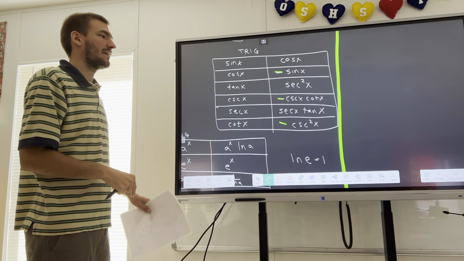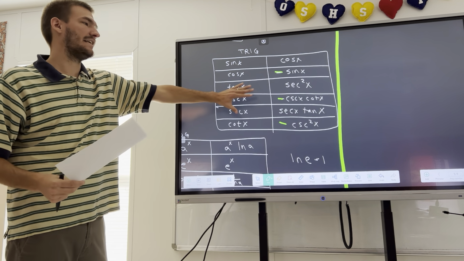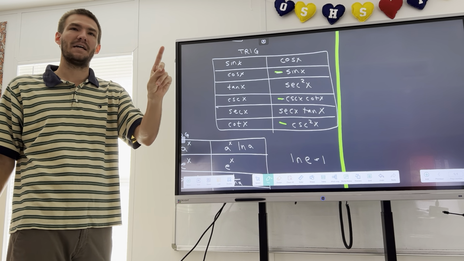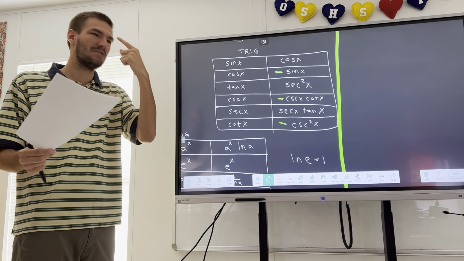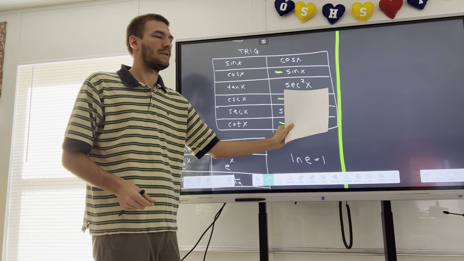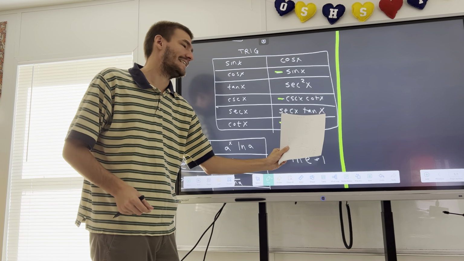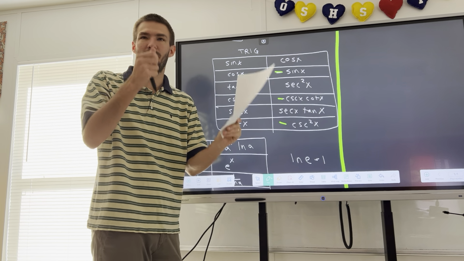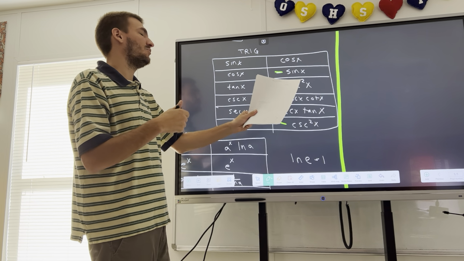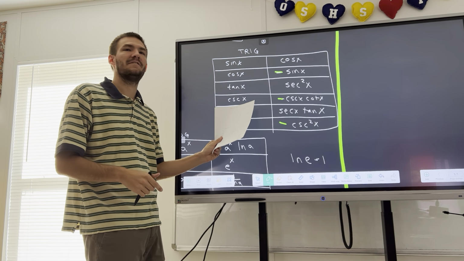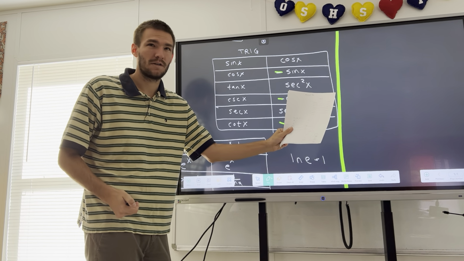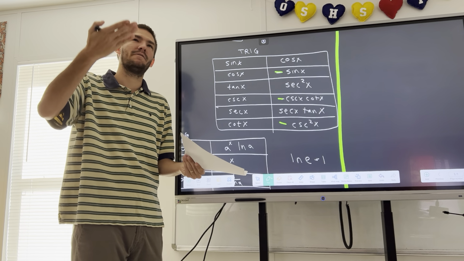Then, here's how I do this. Out of these four, you gotta memorize one. If you memorize one, you can figure out the rest of them. I know that one of them is secant squared, and one of them is secant tangent. I just gotta match it up. Do I think that the derivative of secant is gonna turn into secant squared? Not really, because I think of derivatives as degrading.